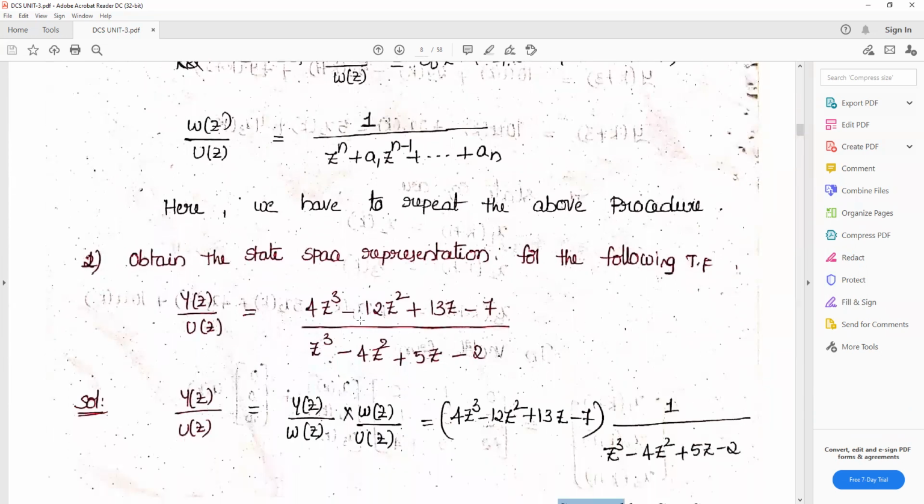In the numerator some z terms, in the denominator z terms. So when numerator and denominator have z terms, y of z by u of z is taken as y of z by w of z into w of z by u of z. So this is y of z by w of z, and 1 by z power 3 minus 4z square plus 5z minus 2 is w of z by u of z.